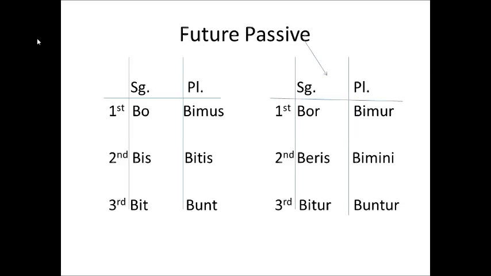Here's our future passive on the right, and our future active is on the left. And again, even with this one, it's quite clear that they are very well related to each other. Bo becomes bor, bis becomes beris, bit becomes bitur, bimus becomes bimur, bitis becomes bimini, and bunt becomes buntur.